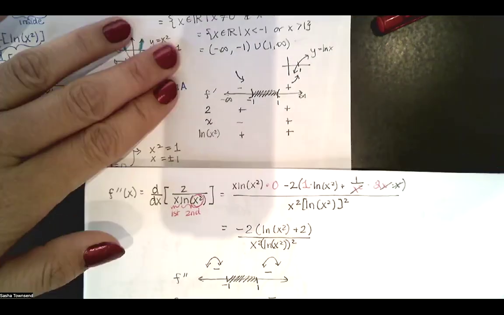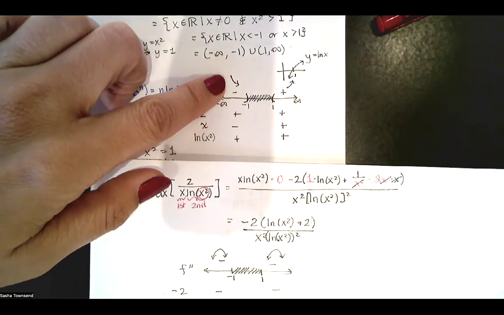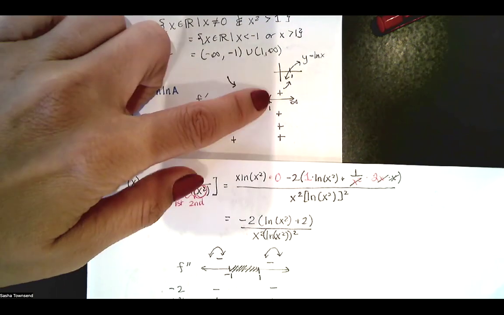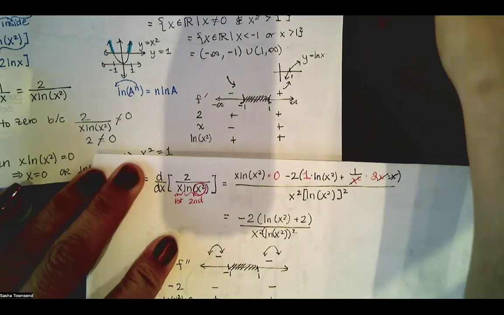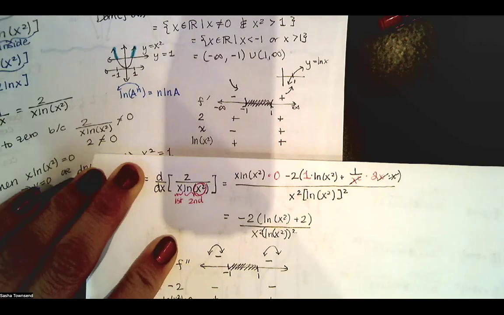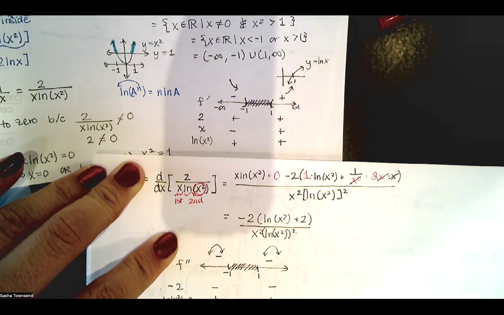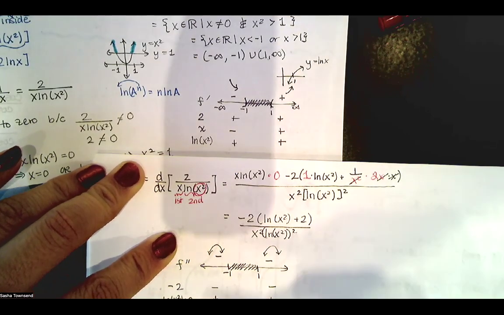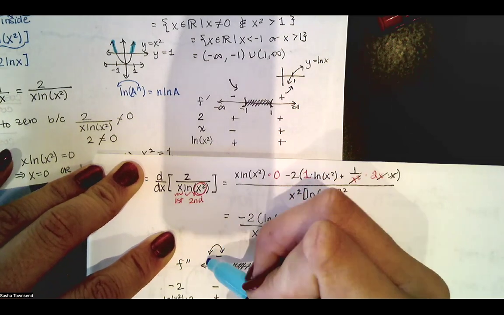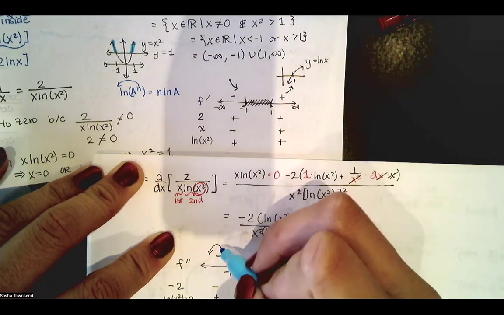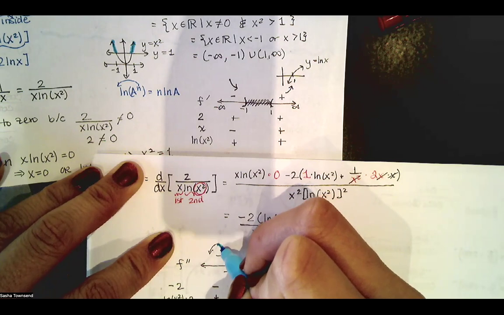But remember, the original function was decreasing on -infinity to -1, and then increasing on 1 to infinity. So when I graph it, when I say it's concave down on this first interval, it's concave down and it's decreasing. So I just look at the part that's decreasing on the concave down graph.